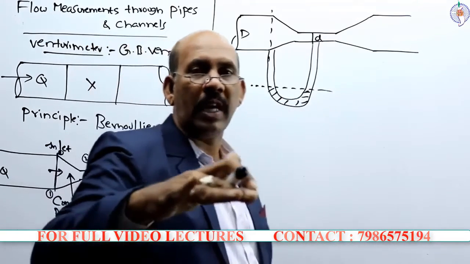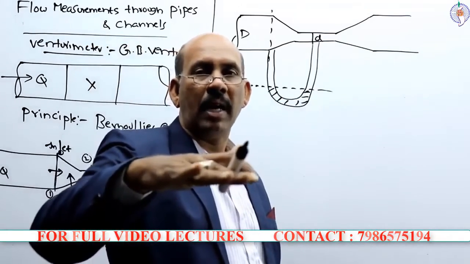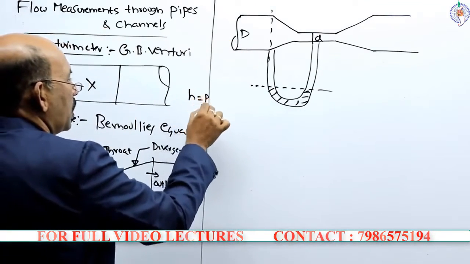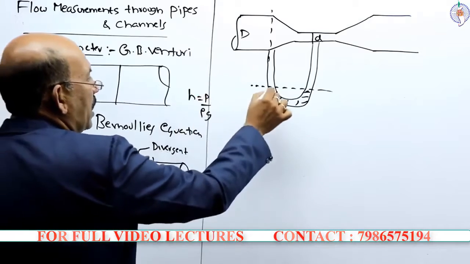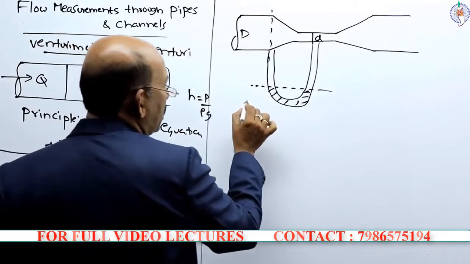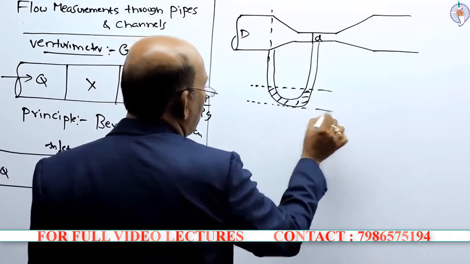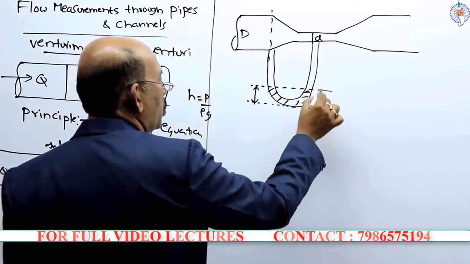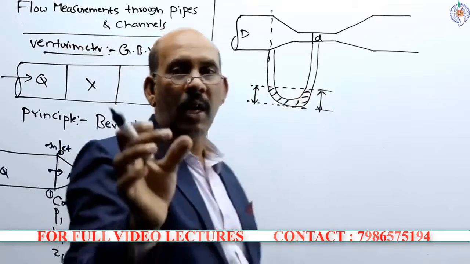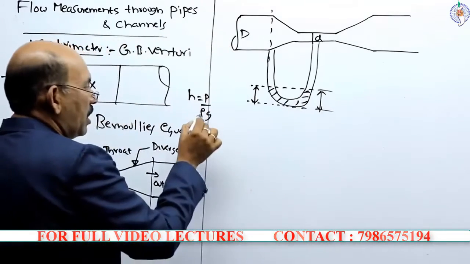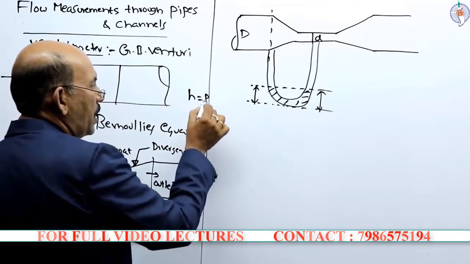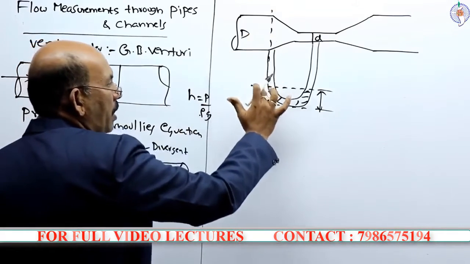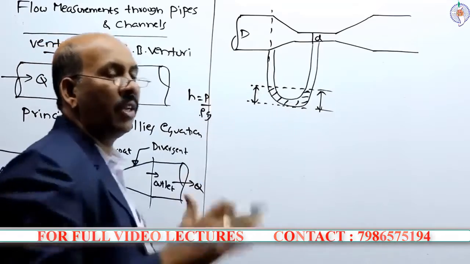Before it connects to the pipe, as per the pressure formula, H is equal to P by rho G. So the pressure head here and here are the same, because the density is the same, G is the same, P is the same. Before it connects to the pipe, the manometric level is horizontal.